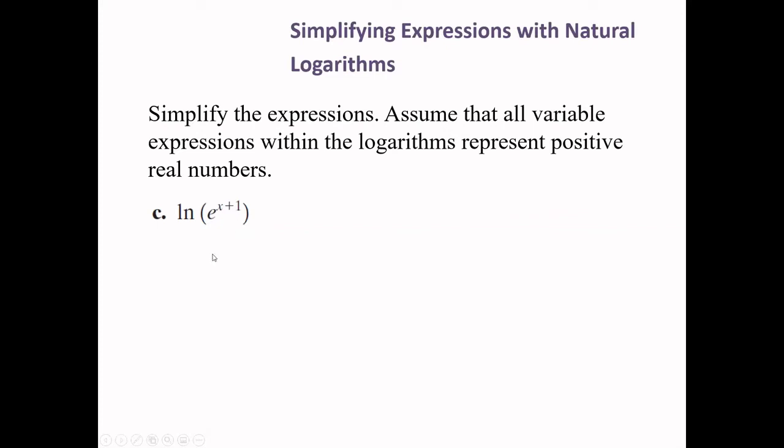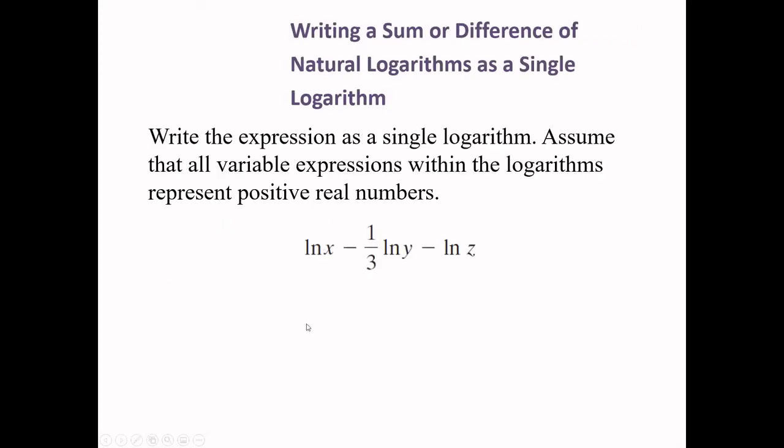In this case, it would be x plus y, because natural log of e is the same thing as log base e of e. So we've taken this x plus 1 out front. The log base e of e is 1, so we get x plus 1.